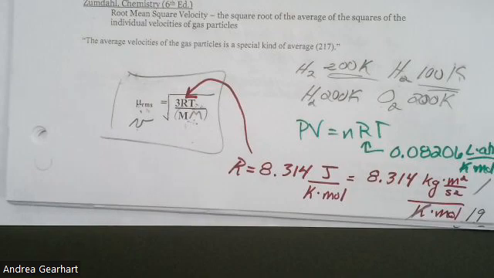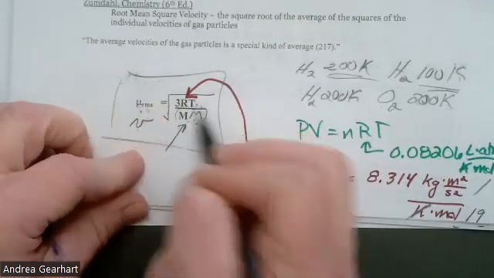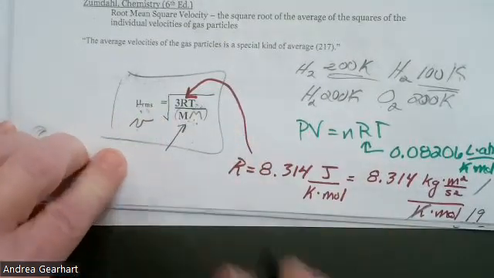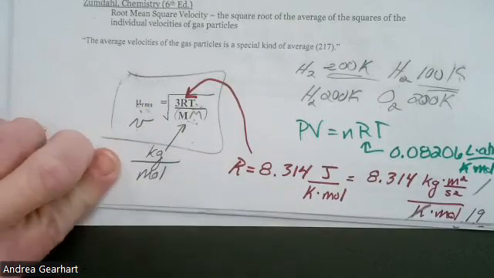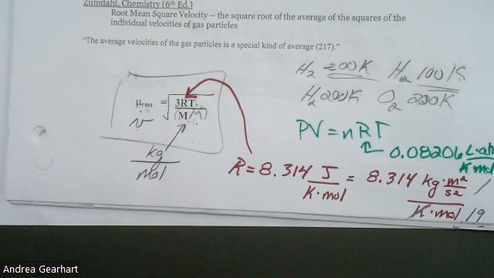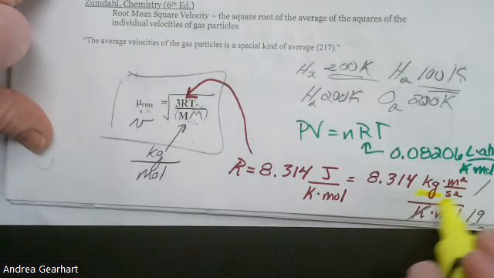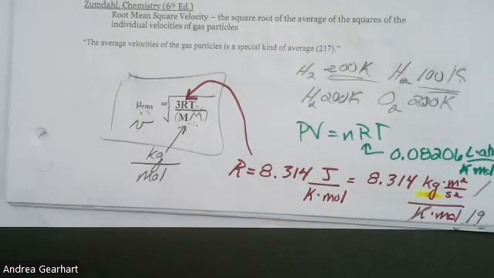But to make it work with this equation, we need our molar mass in kilogram per mole. This is where we forget. How can we forget? We just have to make sure we're not ignoring it.